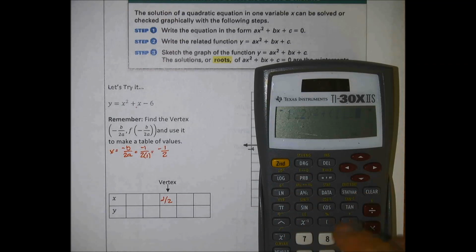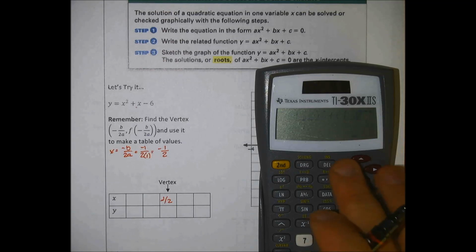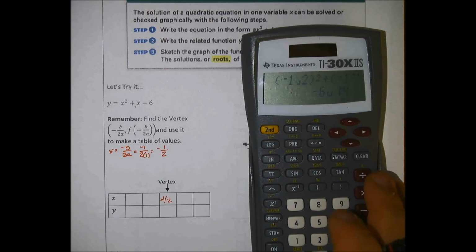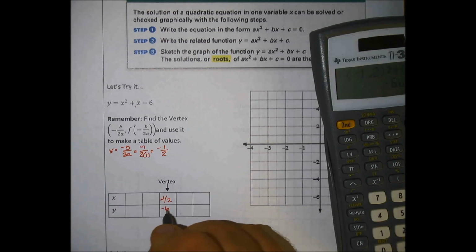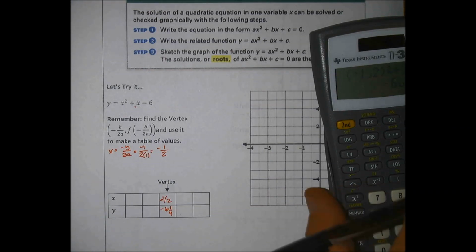Is that right? So negative 1/2 squared. Oh, there's a mess up. Okay, there we go. So I get negative 6 1/4. Make sure you put it in right. It always helps. All right, so negative 6 1/4 is going to be our vertex.